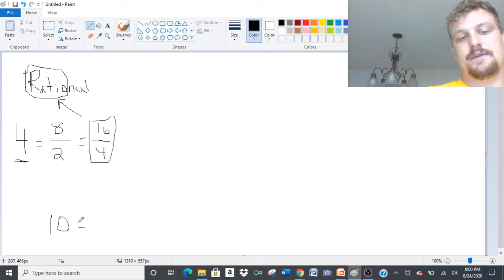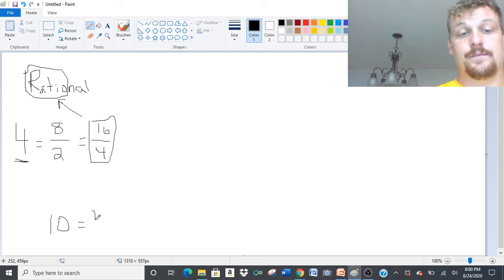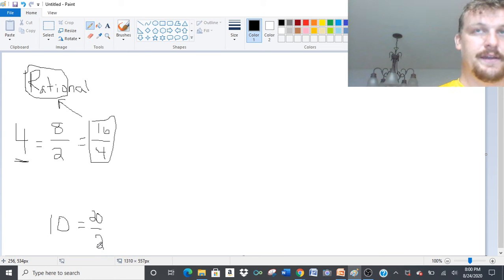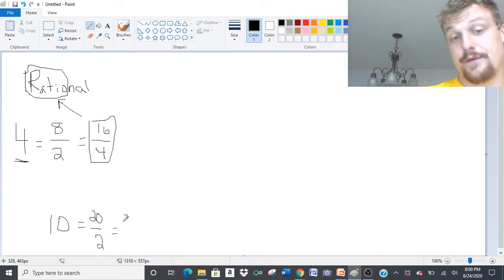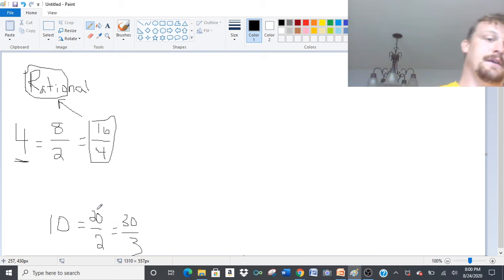Thinking of a division problem that equals 10, we can think of 20 divided by 2, which becomes a fraction or a ratio. Another one we could do is 30 over 3, because 30 divided by 3 equals 10.